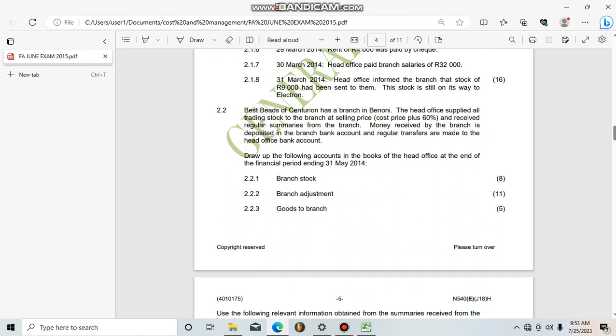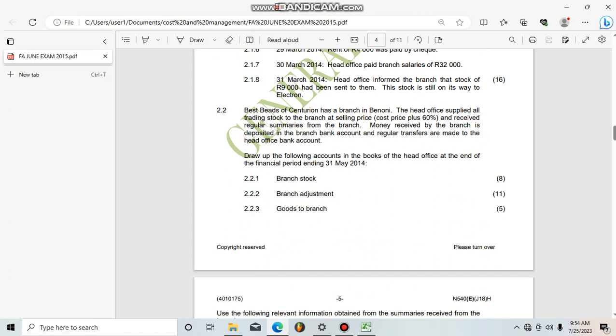Best Bees of Centron has a branch in Benoni. The head office supplied all trading stock to the branch at selling price. You see, the method that we are using is the selling price method. Remember in the last video I taught you the basics on how to use the selling price method: cost price plus 60% markup. The head office received regular summaries for the branch.